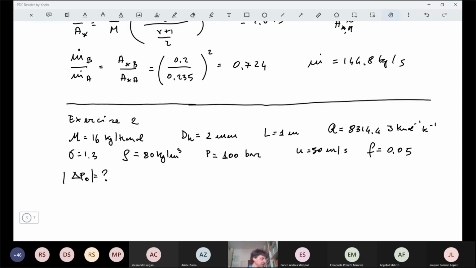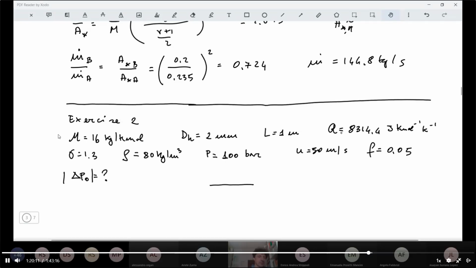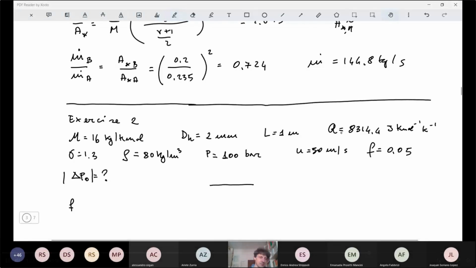So of course, the first thing to do is again to evaluate the inlet Mach number and then to exploit, let's say, the critical relation that we have in flow with friction. This was the relation.